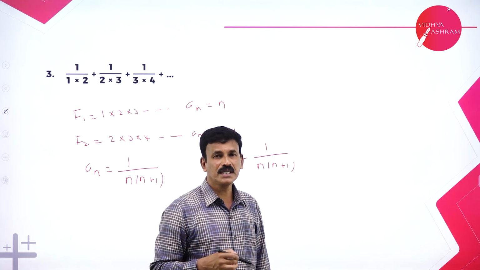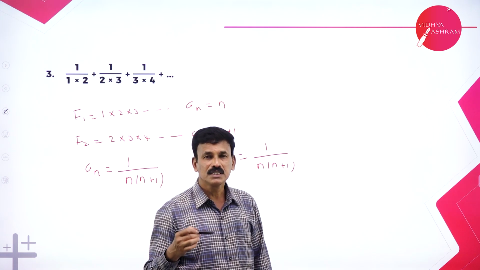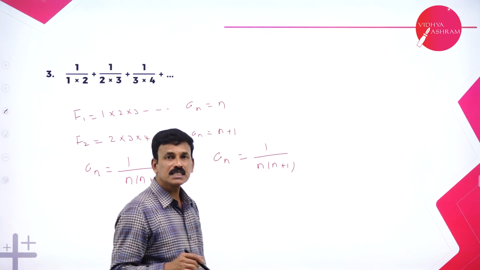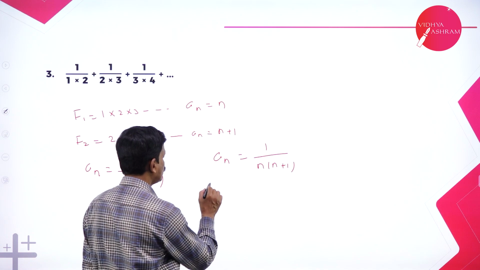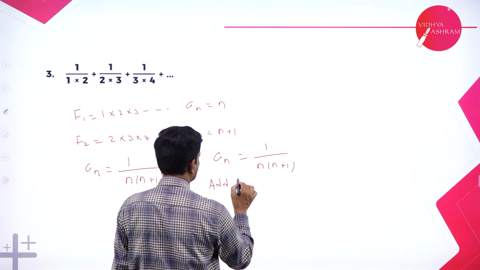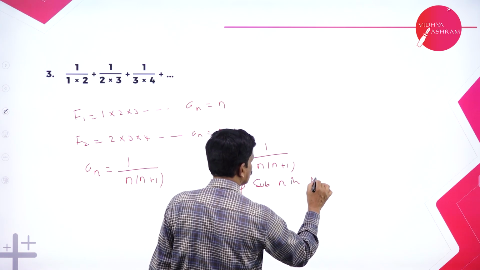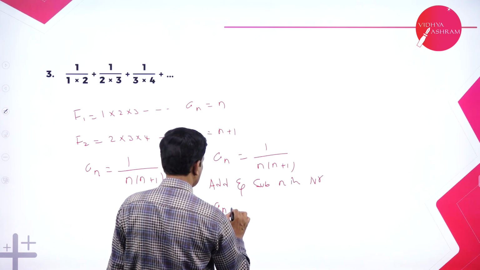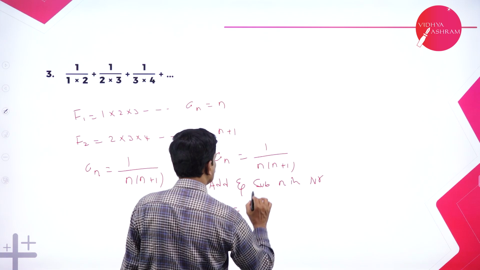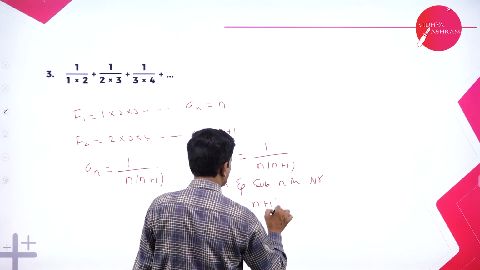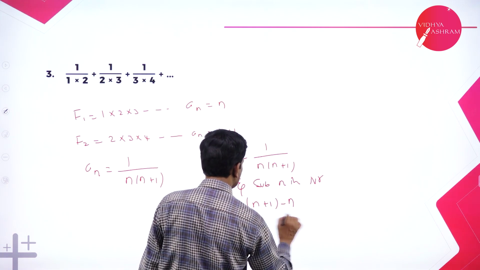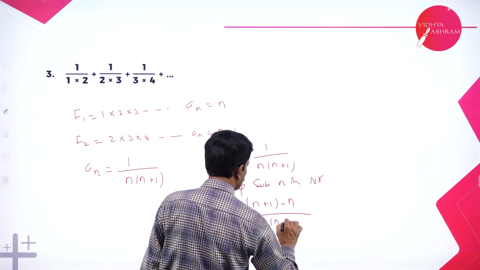For this, in the numerator, just add and subtract n. So, what we will get? An is equal to n plus 1 minus n divided by n into n plus 1.